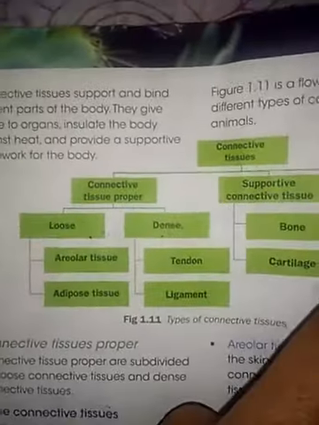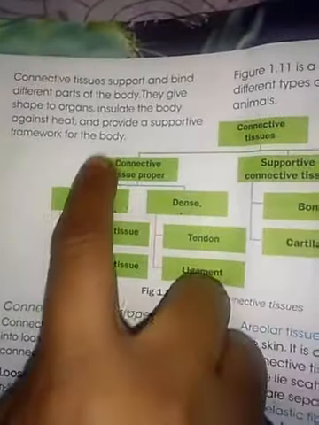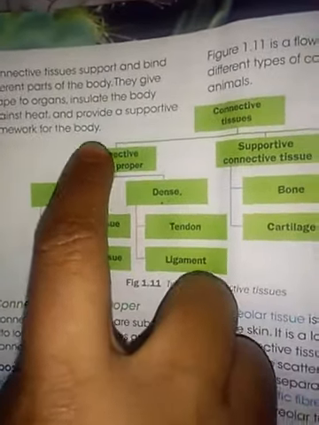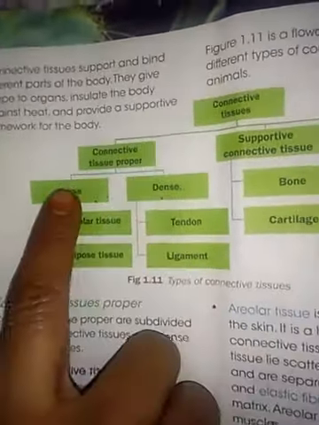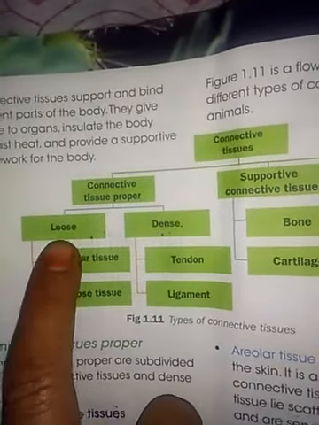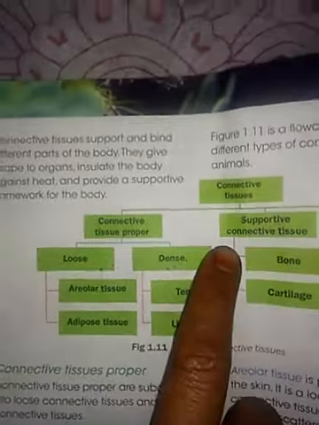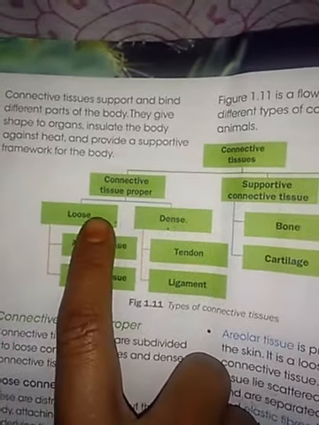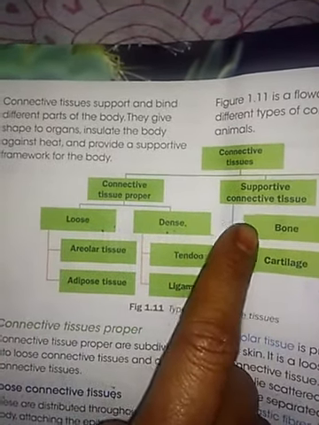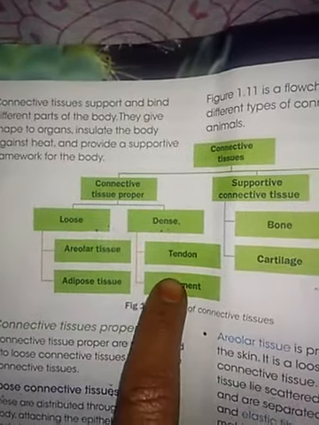Connective tissue proper is subdivided into two types, that is loose and then dense.